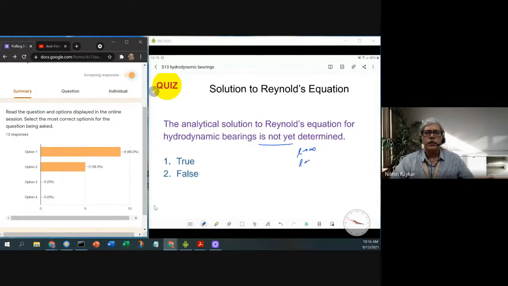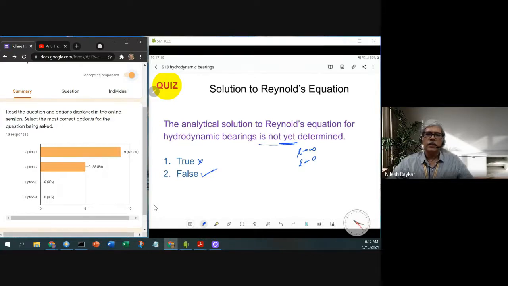So for these two cases, the solution is available. So if you consider "not yet determined" as an absolute term, then that is false. Some solutions are available, but not for all L by D ratios. In my interpretation, the answer to this question is true. It can be contested, but the answer which I think is false.